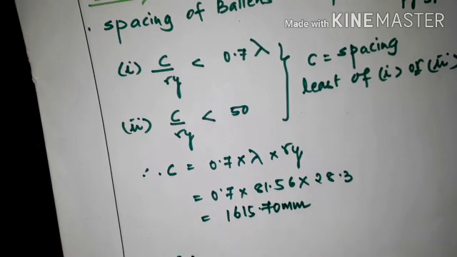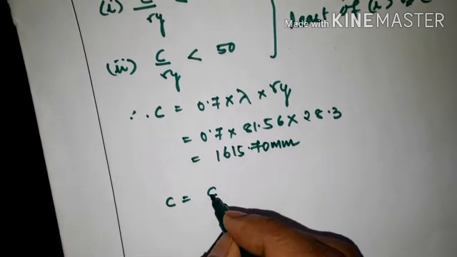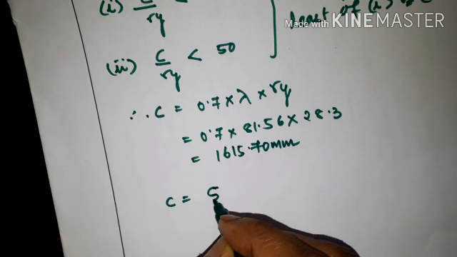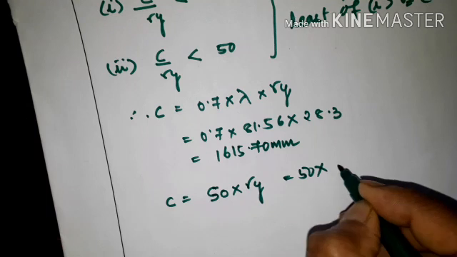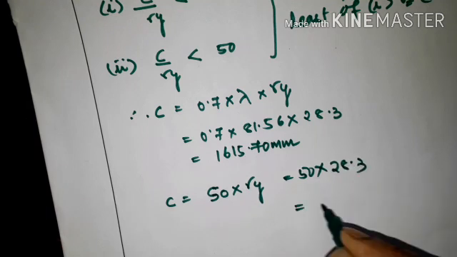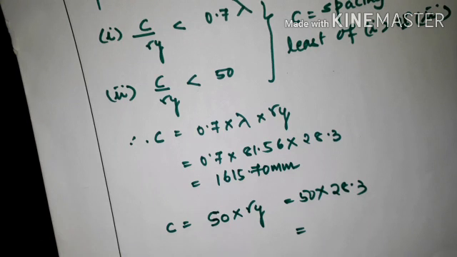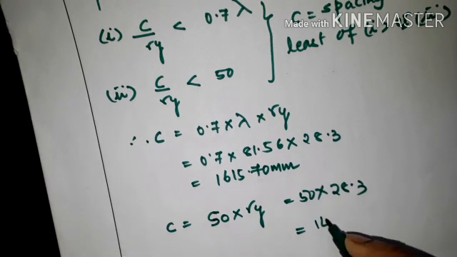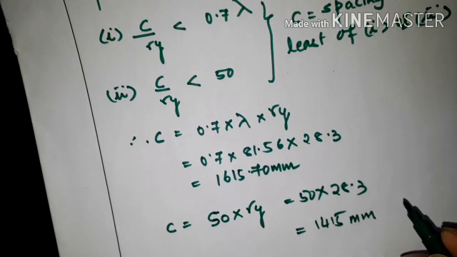And again by using the second condition, that is C equal to 50 times ryy, so 50 into 28.3, we get 1415 mm.